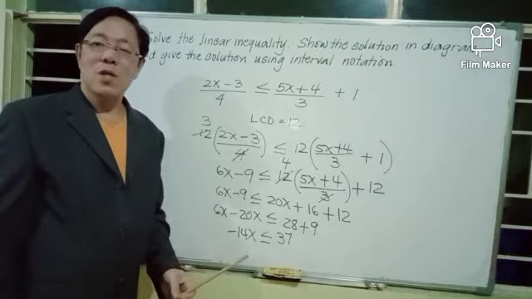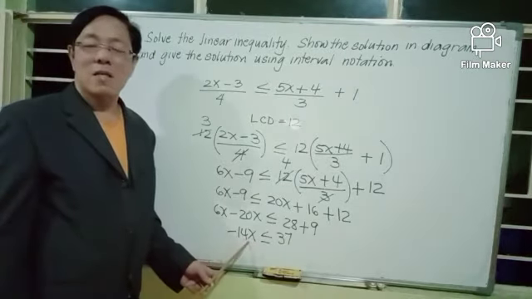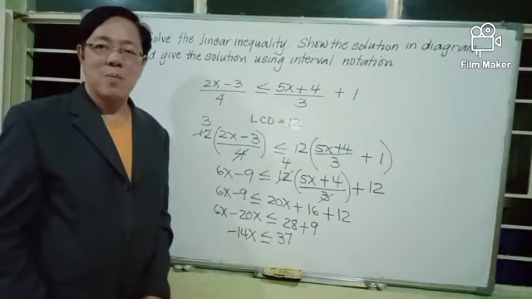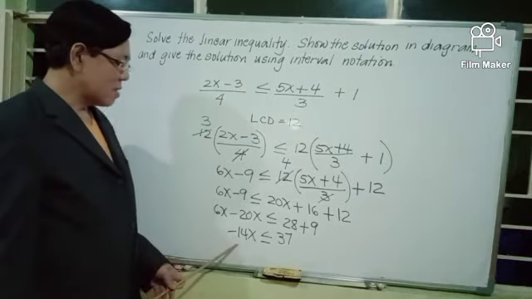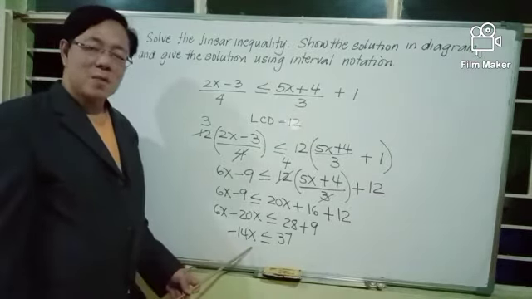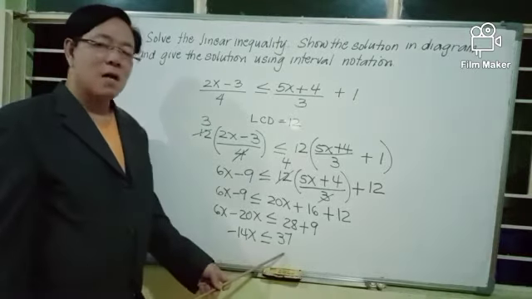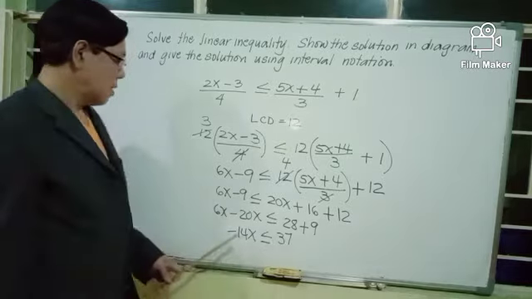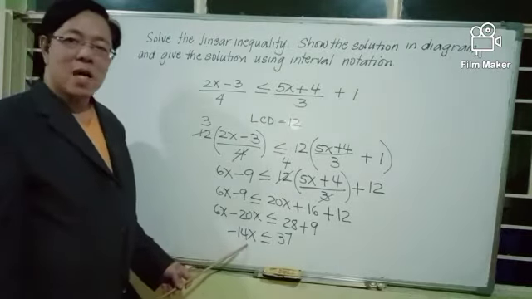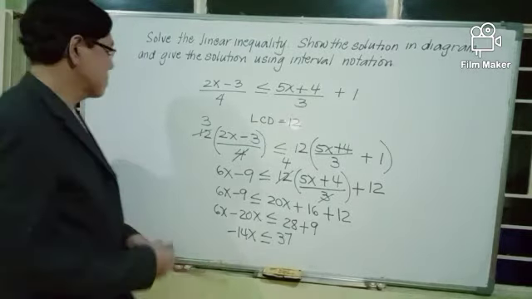Finally, in the solution, the coefficient of x, as in solving linear equation in one variable, must be positive 1. And to make this coefficient of x positive 1, we have to divide both sides of this inequality by negative 14. We divide negative 14x by negative 14.